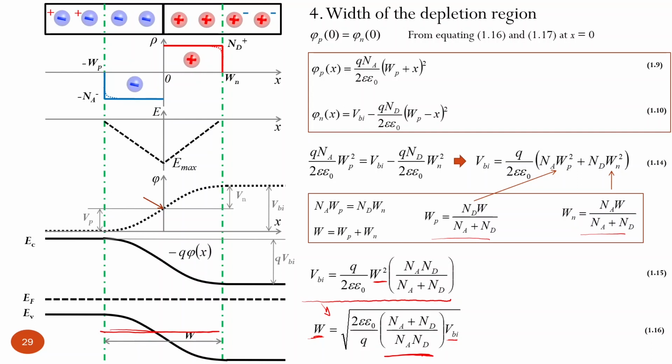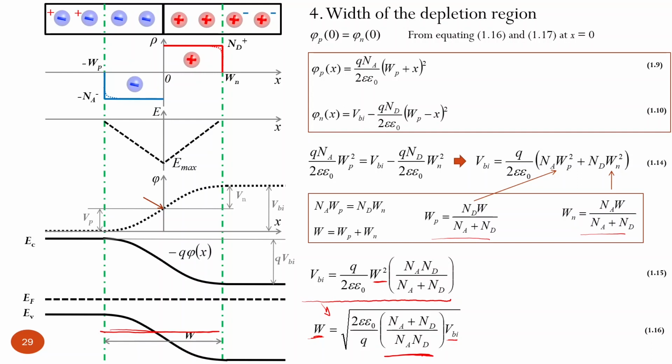Now we know how an important parameter of a p-n junction, the total width of the depletion region, depends on the doping concentrations and the built-in potential. However, it doesn't help us much with this so-called symmetric p-n junction, or close to symmetric, because it has two parameters, NA times ND divided by NA plus ND.